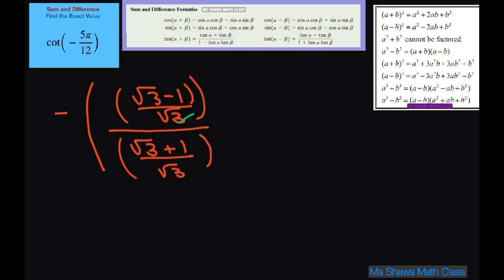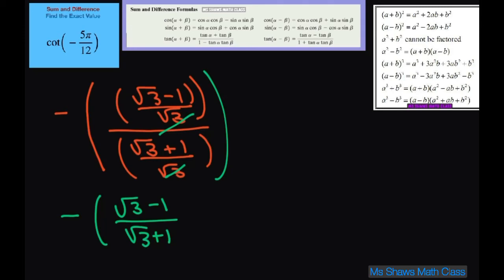Now, these two cancel. So now we're left with negative square root of 3 minus 1 divided by square root of 3 plus 1. You can't have a radical in the denominator, so I'm going to multiply by its conjugate.